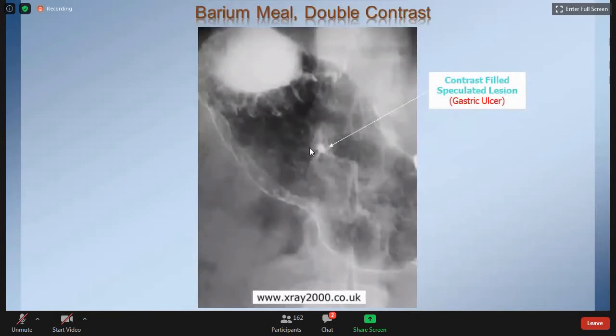This is also an example of gastric ulcer. Gastric ulcer can be malignant, can be benign. Usually we see benign ulcers, but malignancies like tumors can also slough off and produce ulcers, just like the previous examination.